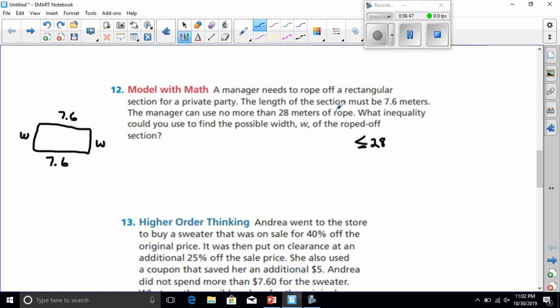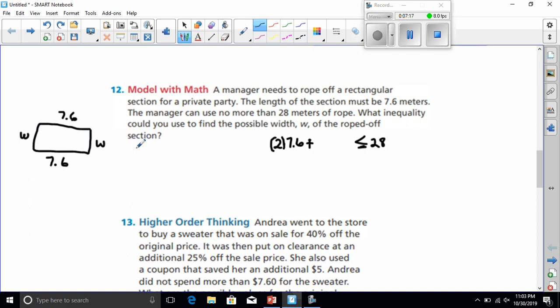Now let's see. Well, to find W, I could go ahead and put this in the equation. There's two 7.6s, so we could say 2 times 7.6. And then we're talking about the length of the rope to go around, so this is the perimeter.